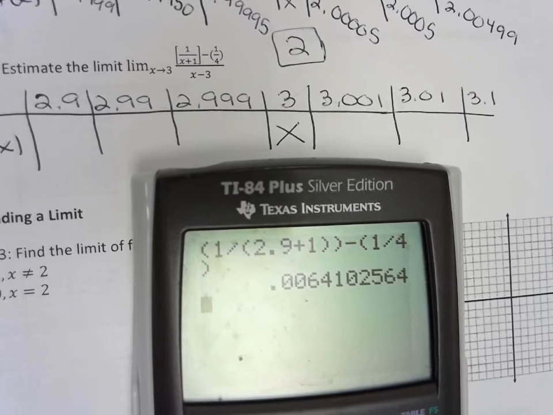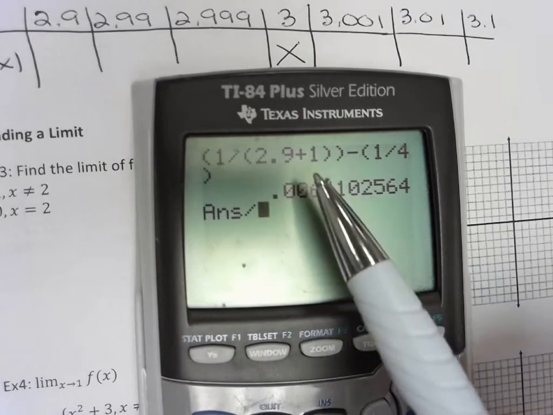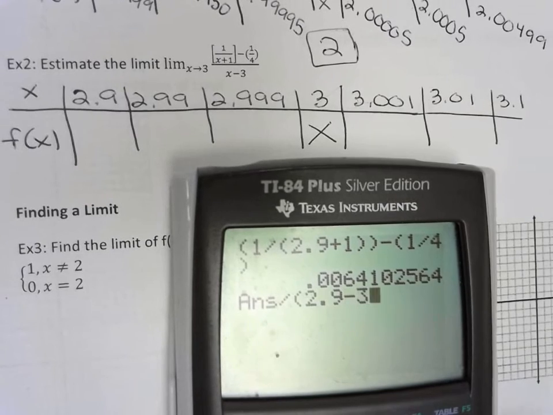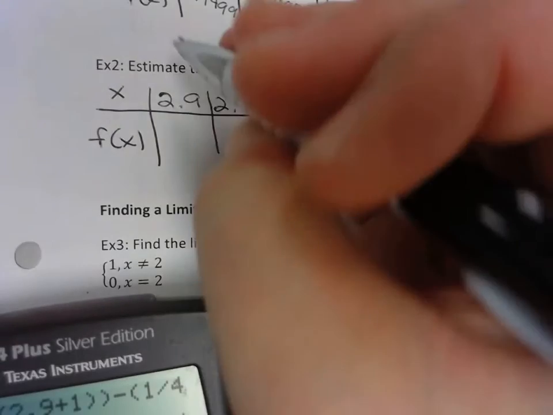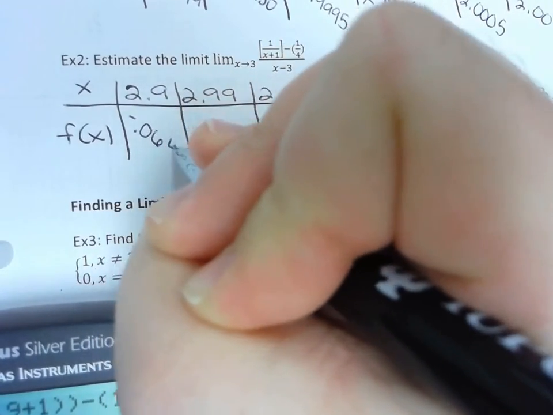Now if you want to go ahead and get that answer, and then click the dividing problem, it's going to take the answer you just got, and I want to divide it by x minus 3. So I'm going to divide it by 2.9 minus 3. And that will give me a negative 0.0641.